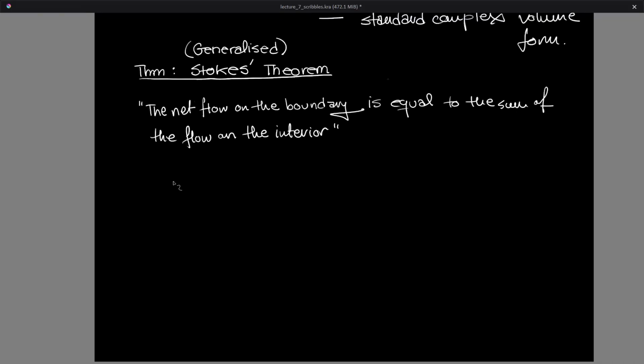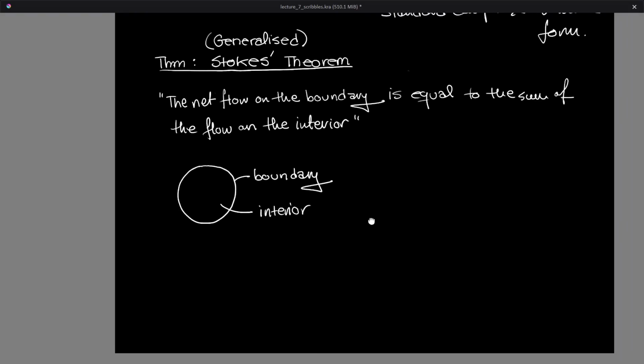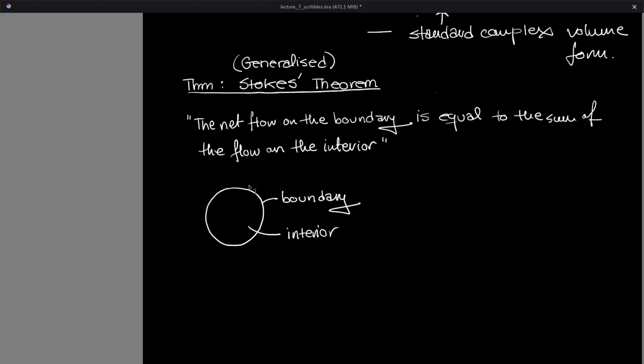So what does that mean? Basically, let's say that you have this manifold with a boundary. This is called the interior. It's an open set. And this is called the boundary. If you have a form on the boundary, let's call it omega, because we love calling forms omega, you can add up the form on the boundary by integrating it on the boundary manifold.